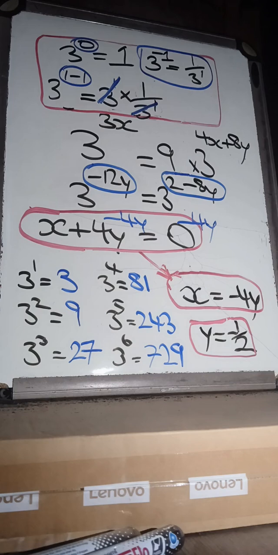And it doesn't matter what it is. So it could be 1 million raised to the 0, 350 raised to the 0. Anything that's raised to the 0 is equal to 1. Every single time. Now there are other important indices rules.